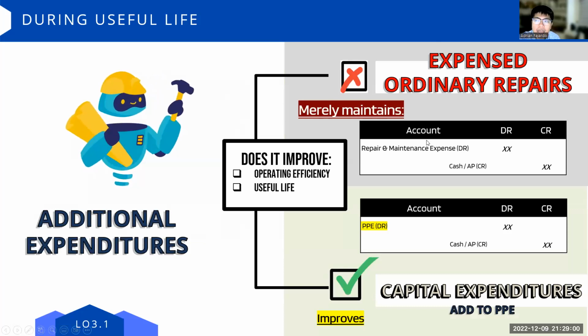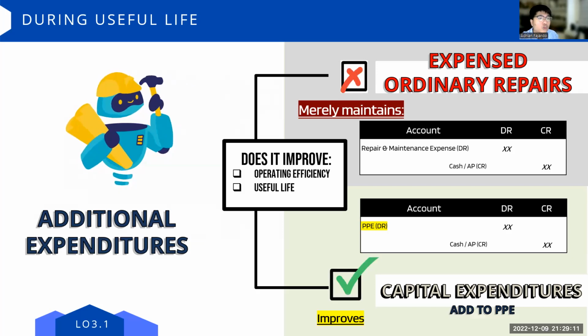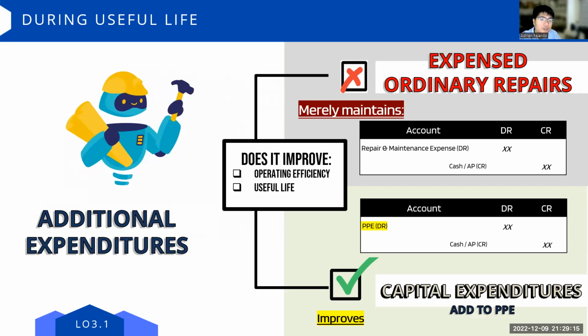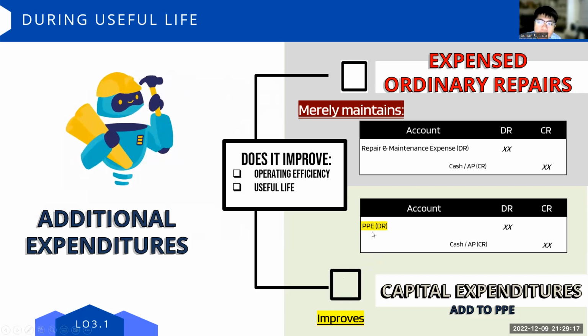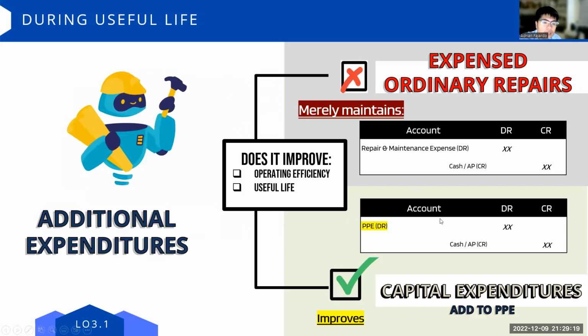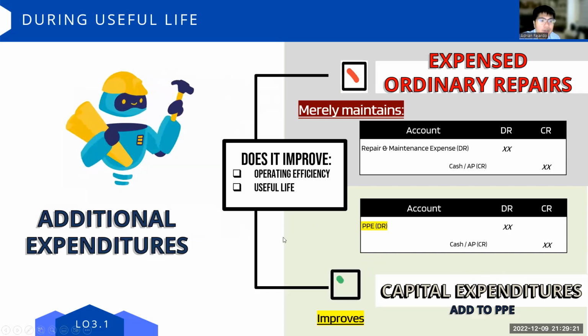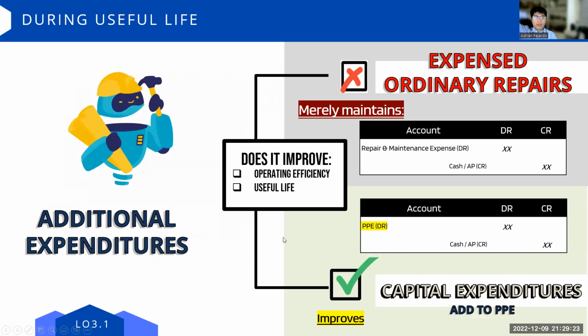All of them are expensed. If on the other hand, so kare oil, it only maintains, right? But kare nag-upgrade ka, bumilis yung software, or nag-upgrade ka, tumagal yung lifetime ng machine. If it improves, it should be capitalized, and therefore the journal entry will be debit PPE, credit cash, credit AP. So again, be careful about additional expenditures.